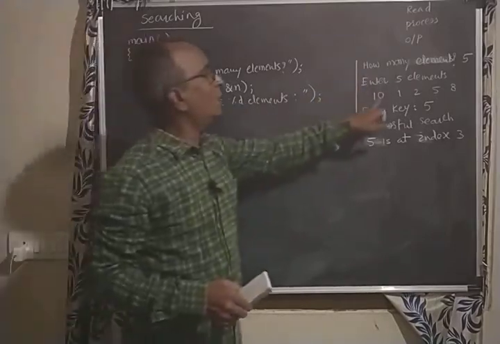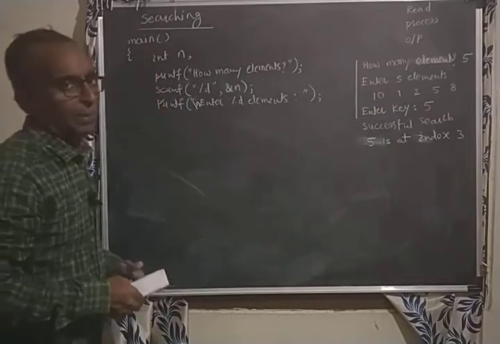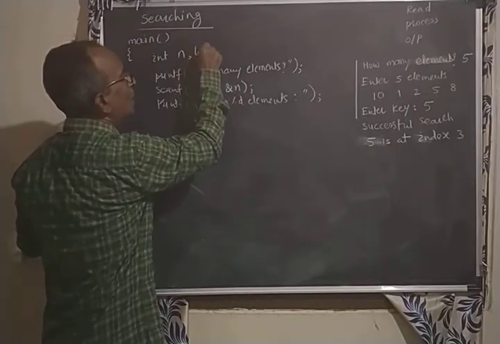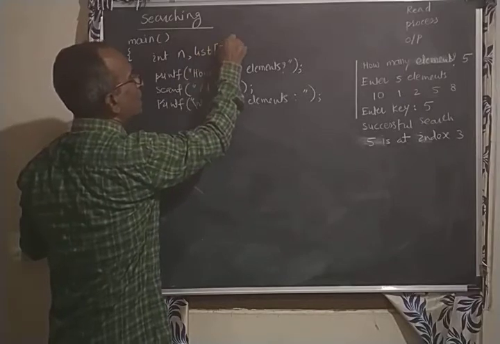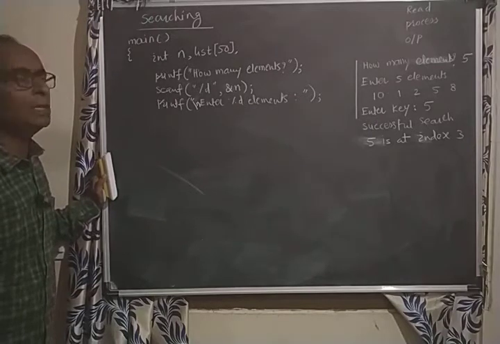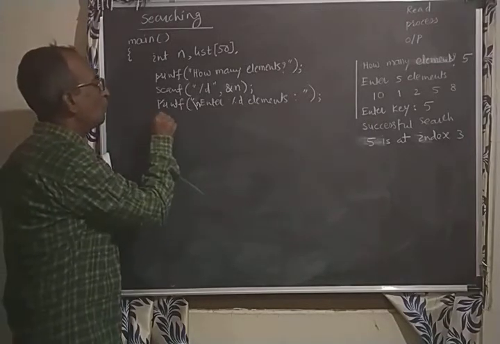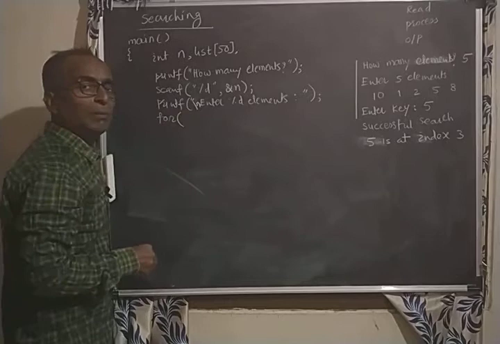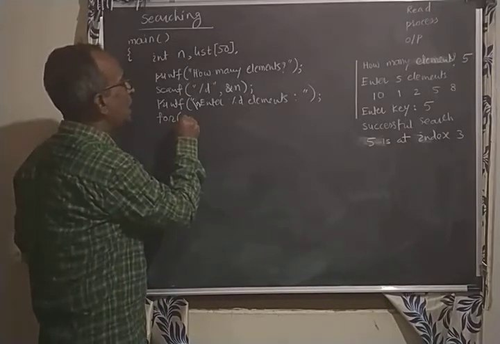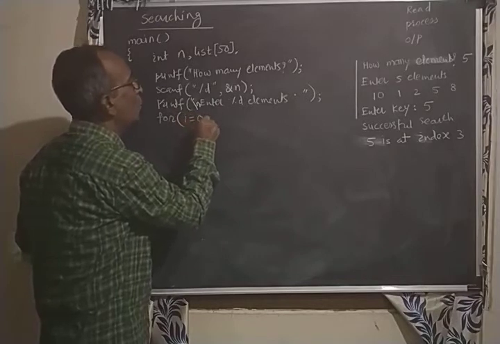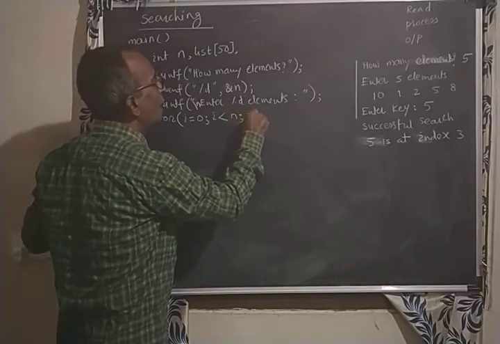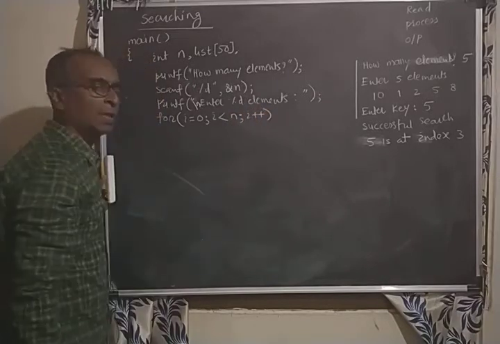Now whatever entered values, that should go into an array. So you have to have an array of integers. So I'll give list of 50, I'll overestimate, at the max we are allowing in this program. So for reading elements into this one dimensional array, always you have to use one for loop, I less than number of elements, I plus plus.